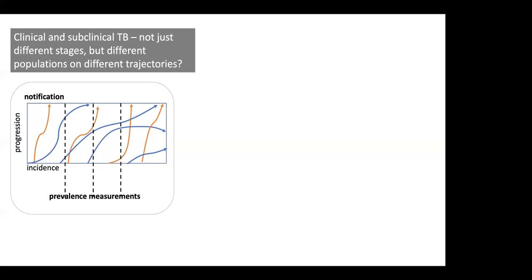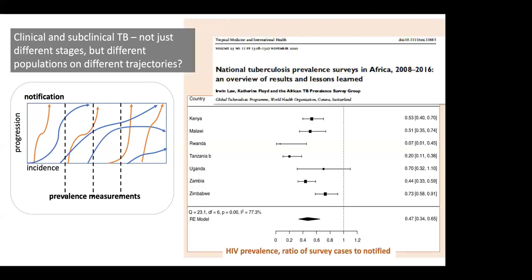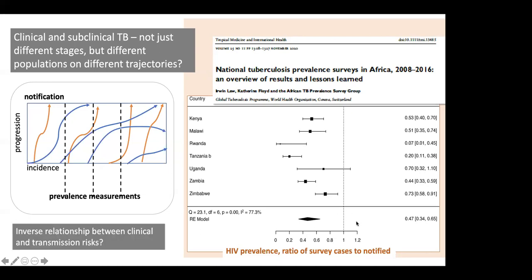the blue form of TB. And this is seen in the HIV co-prevalence among prevalent versus notified cases in countries in Africa, where this review shows that the prevalence of HIV among prevalent cases was about half the prevalence among diagnosed cases.